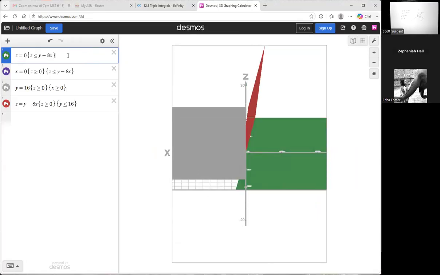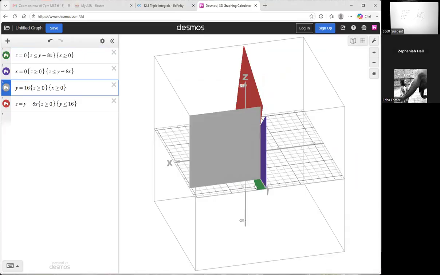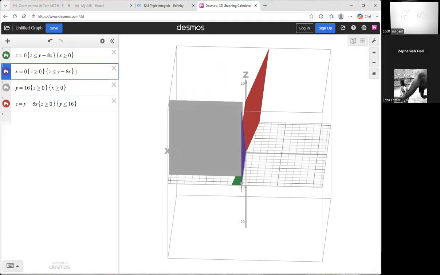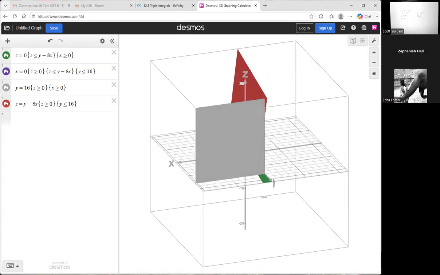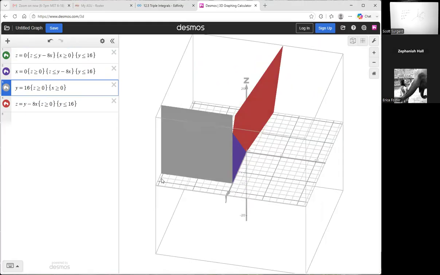And then let's see, I want X to be, okay. So it's starting to take shape. Gosh darn, I'd really like to get the red and the green kind of done. So let's see if I can do that.